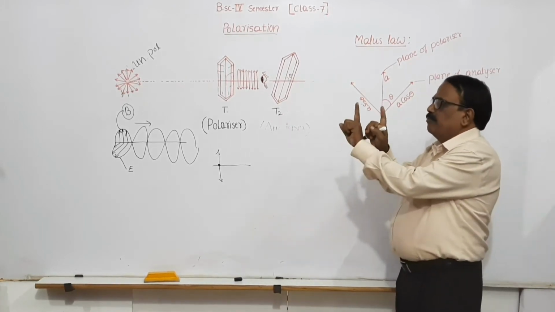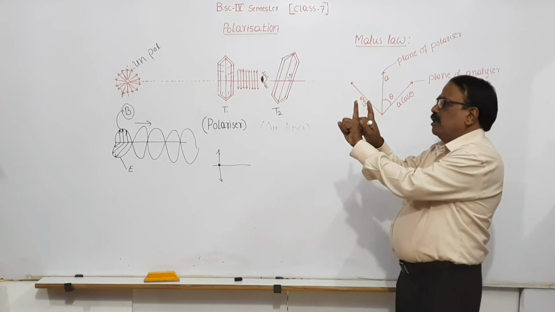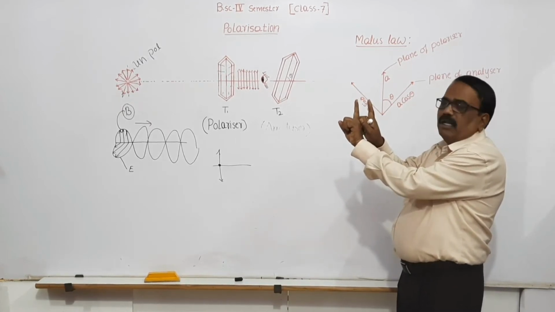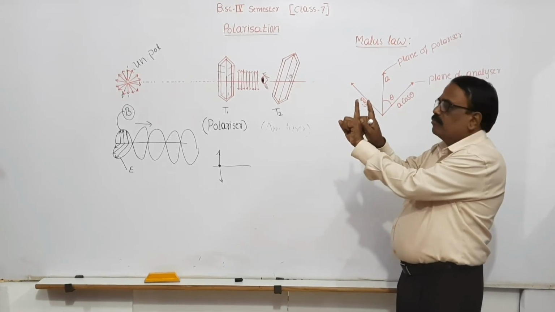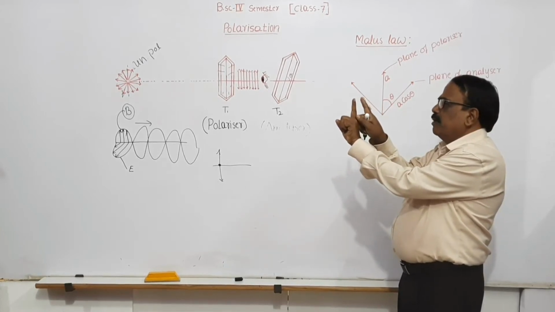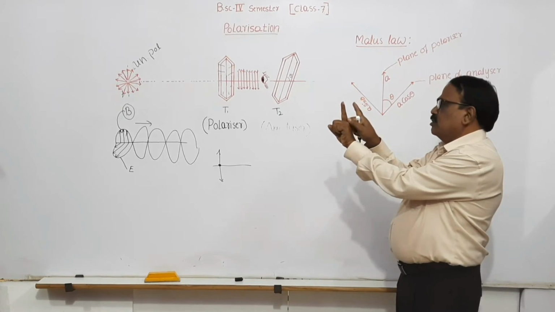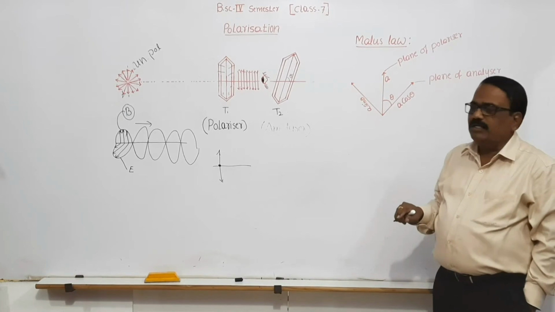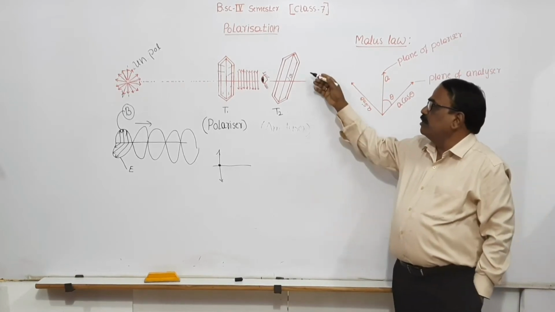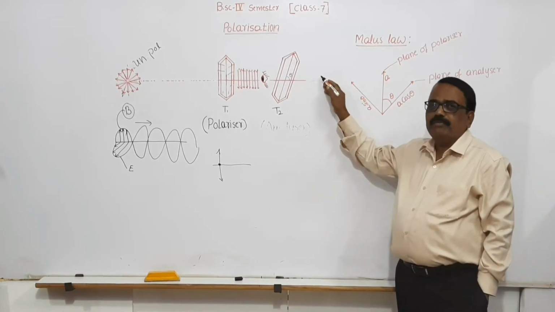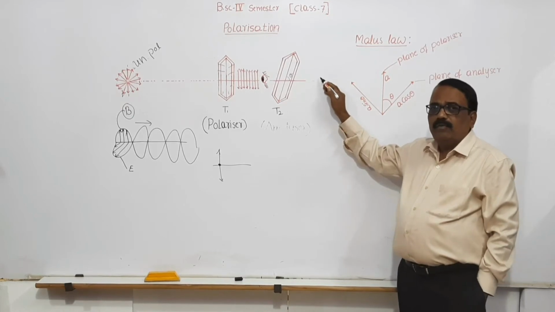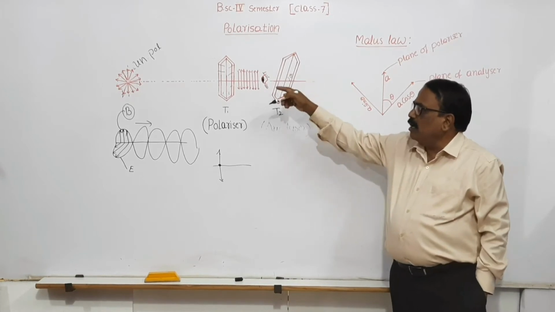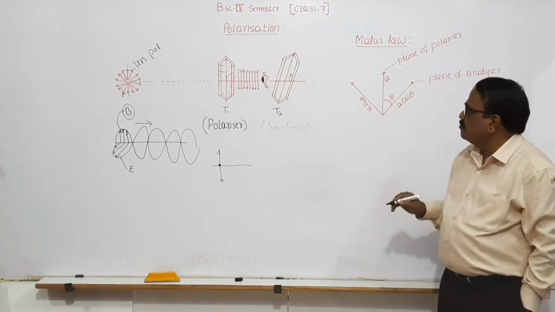That means if these two are parallel, then the intensity of the light coming out is maximum. If the planes of these crystals go on changing, the intensity of the light goes on changing. He showed how the intensity of the light coming out from the analyzer varies with the angle made by its plane with the axis of the polarizer.